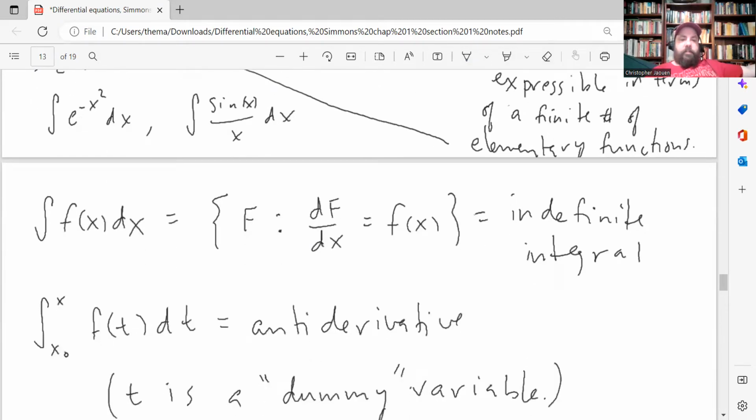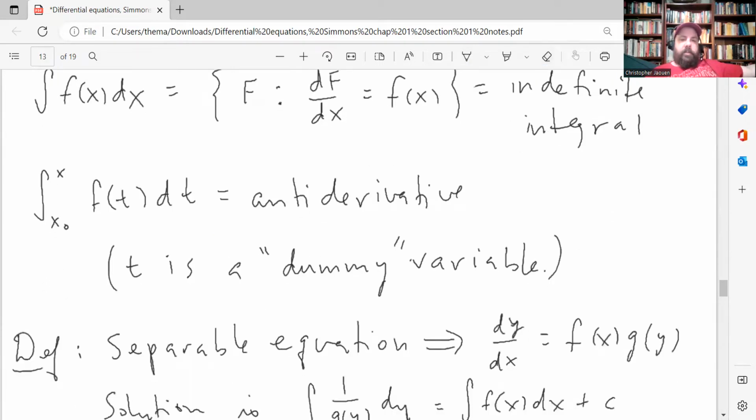Here I'm just reminding you that this is called an indefinite integral, if you remember back to calculus. Right, it's a family of curves of all functions that differentiate to give you the integrand here, right? If you remember, they all differ by a constant. And then right below it, I have an example of an antiderivative.